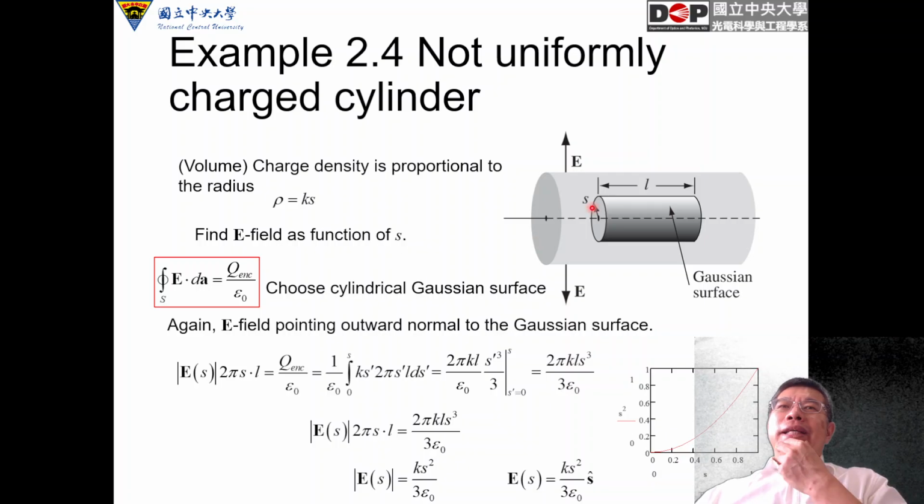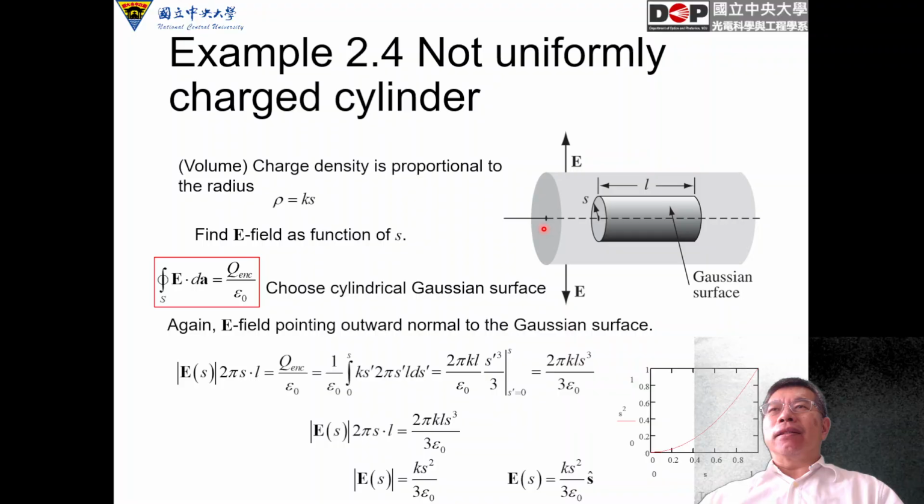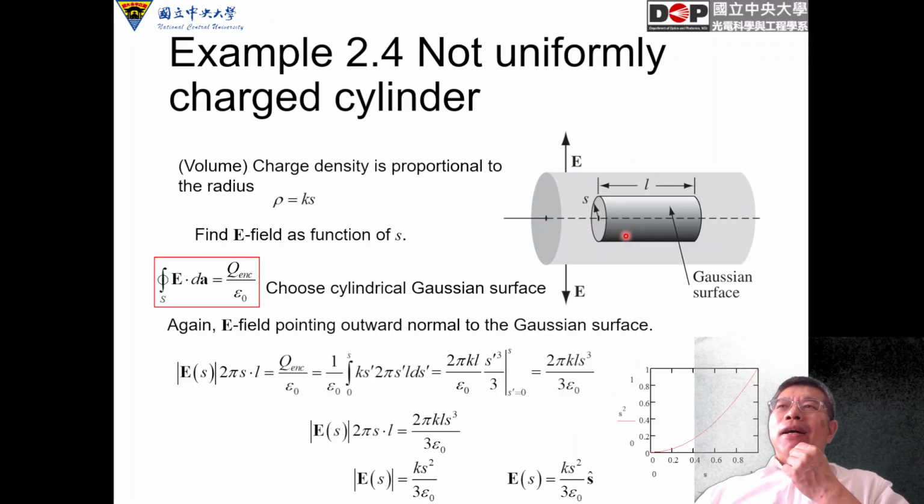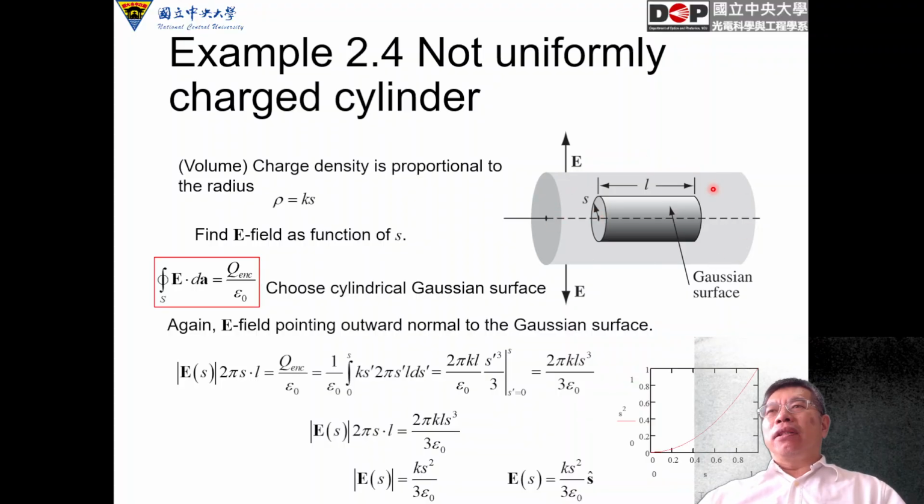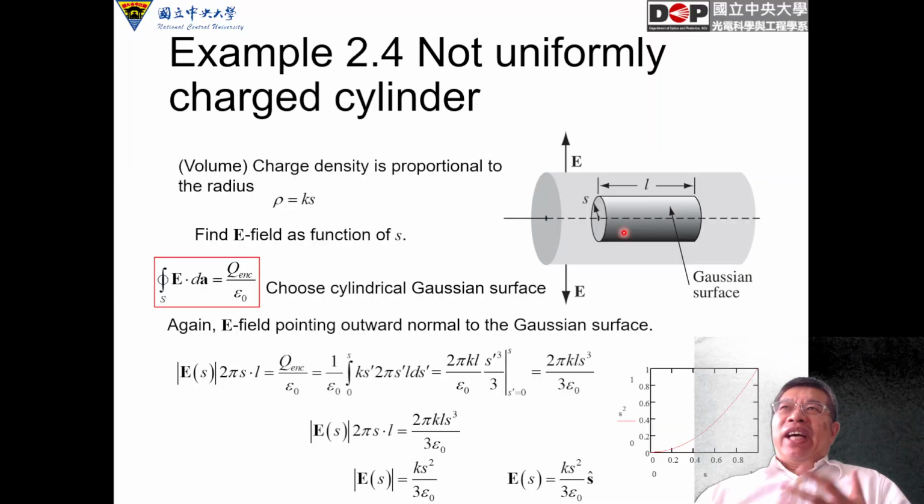We can try to figure out the electric field anywhere inside this cylinder. Now, the Gauss surface we choose is just inside this charge distribution. Gauss's law didn't say we can only choose a vacuum with no material. The Gauss surface can be anywhere we like.